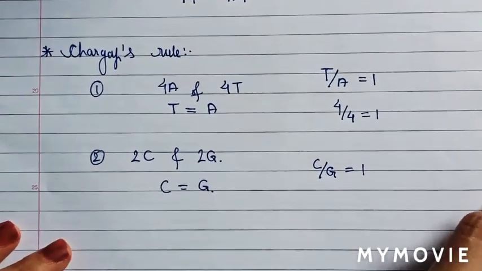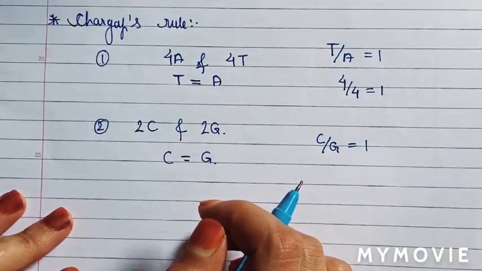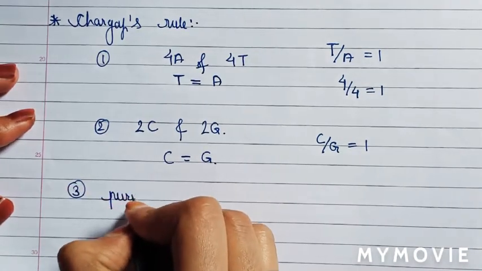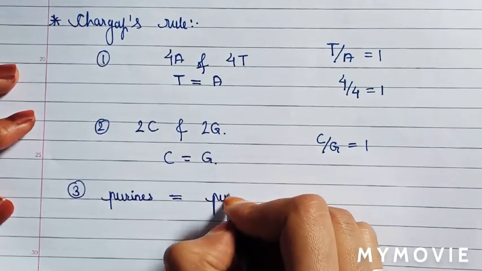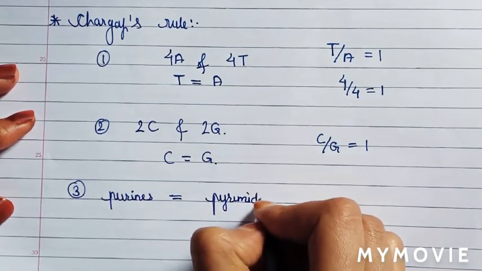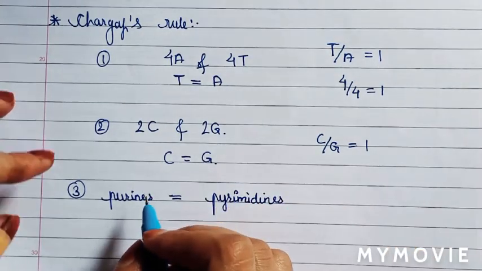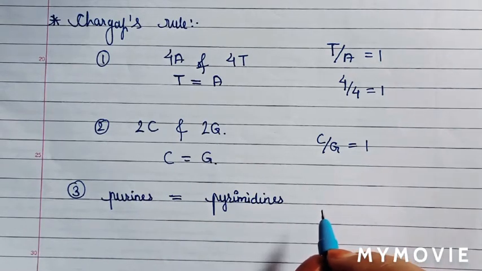Now the third one: according to Chargaff, purines are equal to pyrimidines. The number of purines present in the DNA strand is equal to the number of pyrimidines in DNA, meaning equal amounts of purines and pyrimidines are present in DNA.